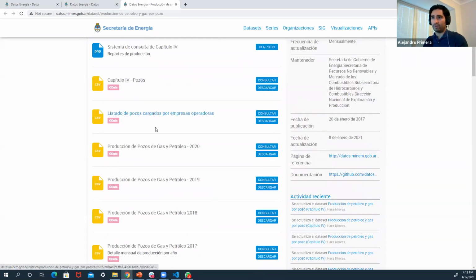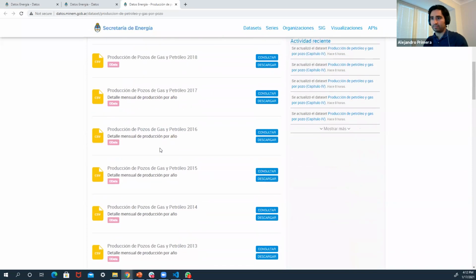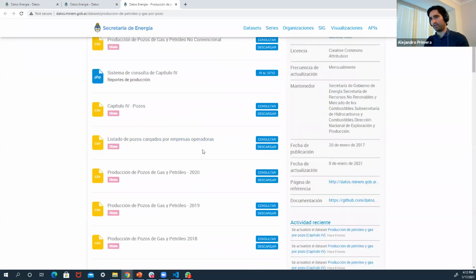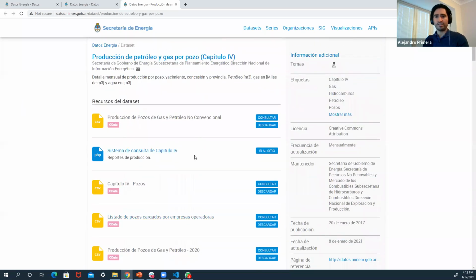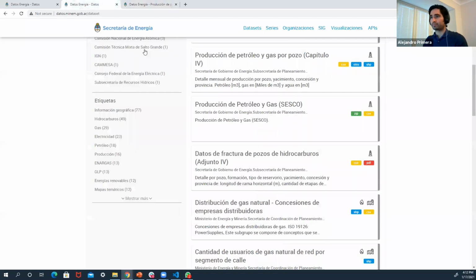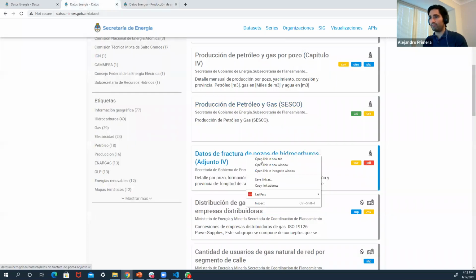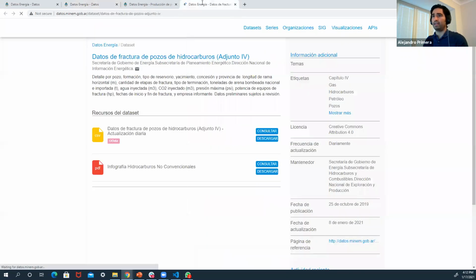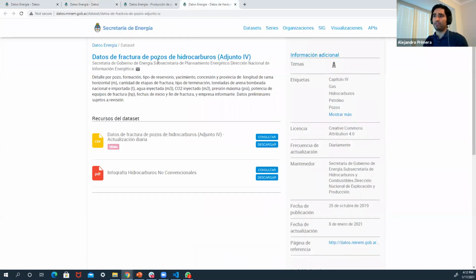It's the list of all the wells, and I think, yeah, that's a list of all the wells by company, which may have more information about the metadata of the wells. And the third file that I'm going to go through is the information about the hydraulic fracture wells.